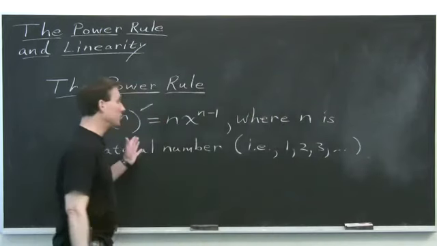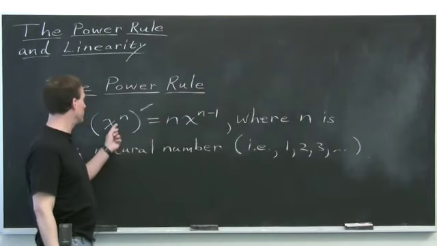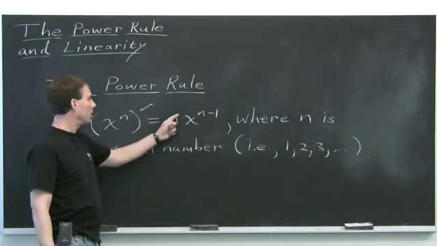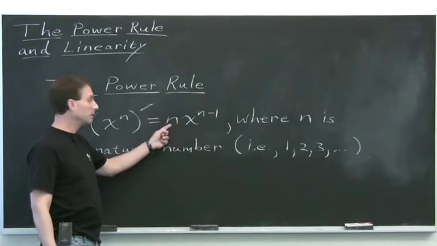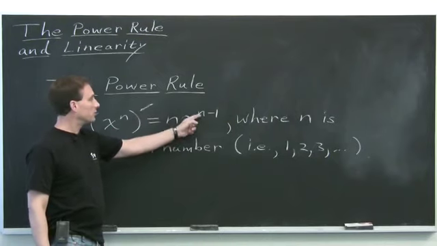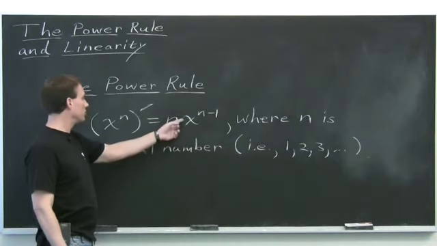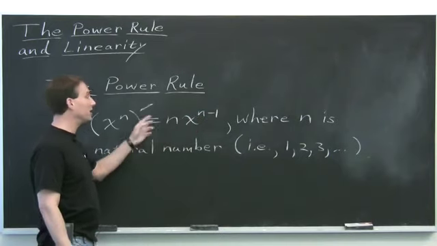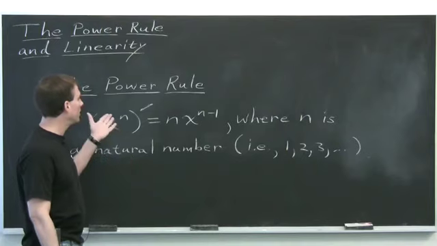All right. This is the power rule. It says that the derivative of x raised to a power, you bring the power down and multiply it times x raised to one smaller power. So you bring the power down as multiplication and you subtract 1 from the exponent.